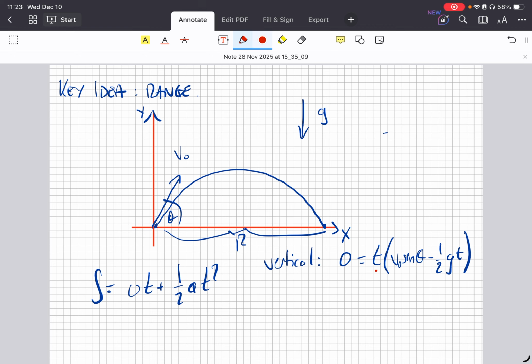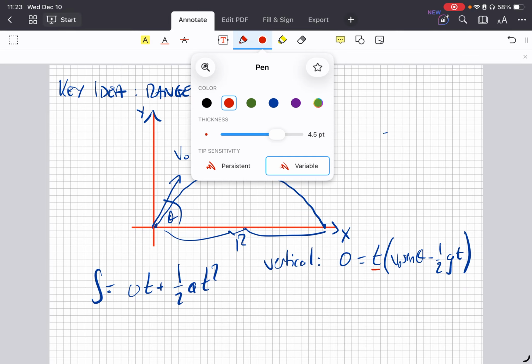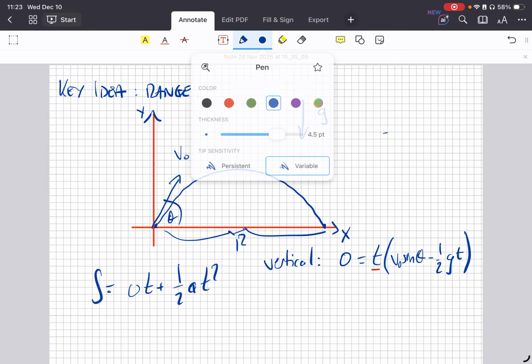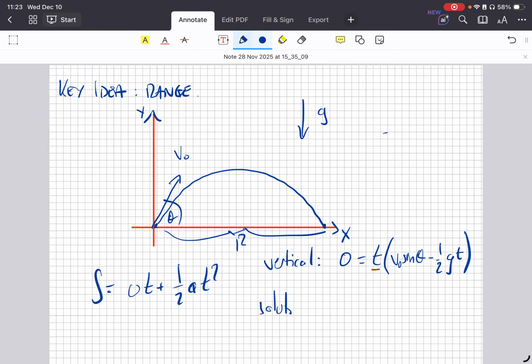For this equation to be satisfied, either this factor can be zero, which is satisfied at time equals zero. So this has two solutions. Time equals zero makes perfect sense: at time equals zero I'm at this position, so my displacement at time equals zero is zero. That's one possible solution.